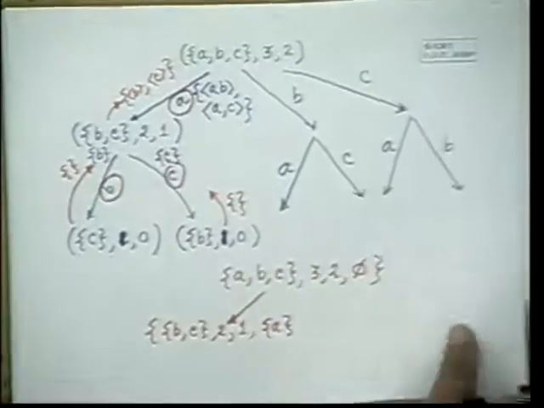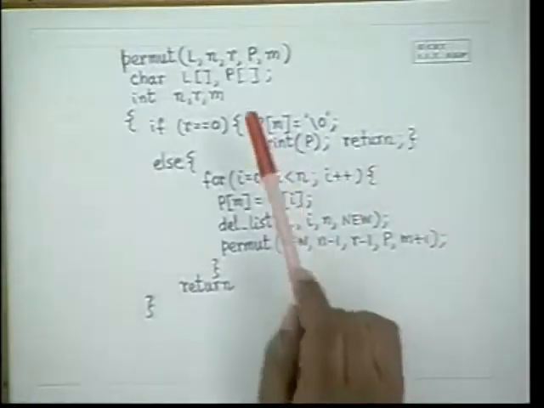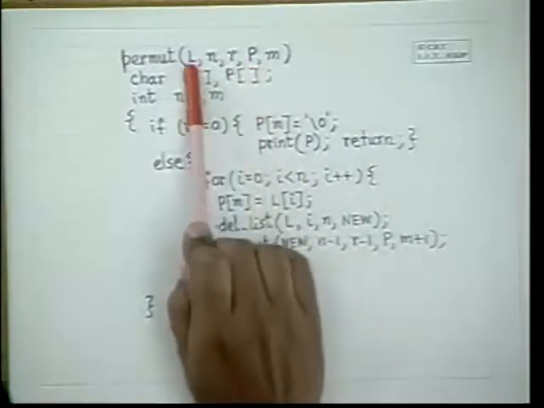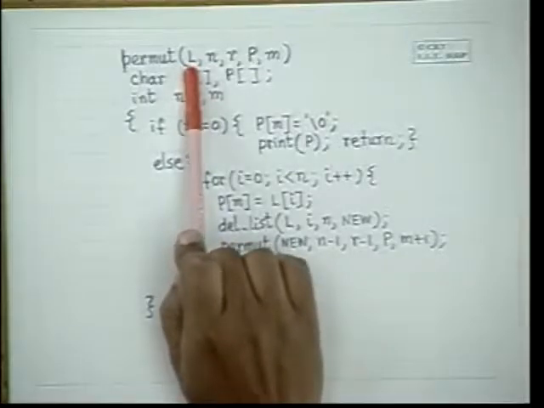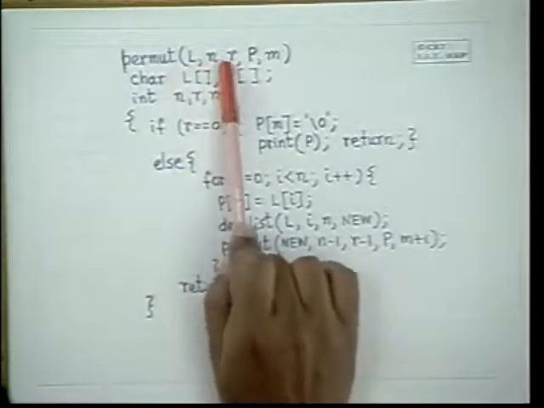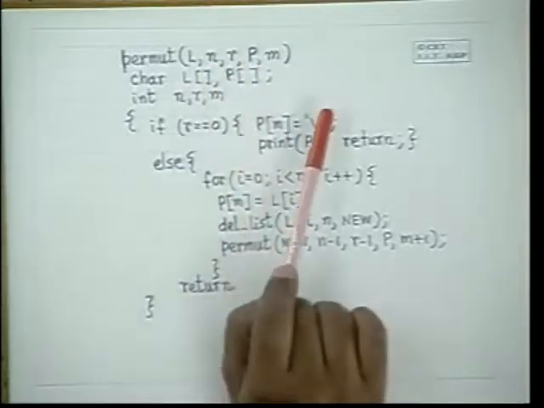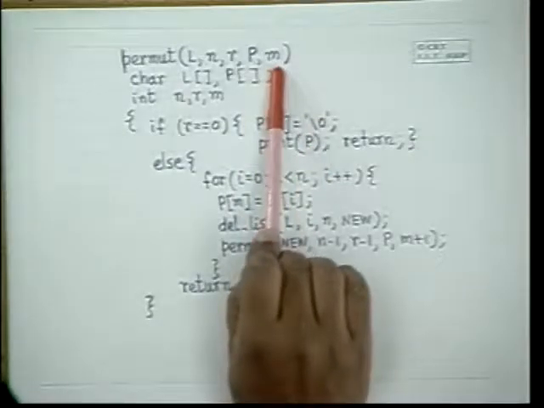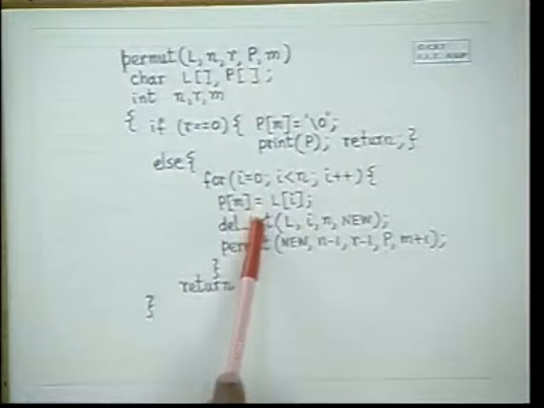Alright. So now the program will look like this. What we will do is, like we have used the character array L for the list, with N and R, we will use another character array P for passing down the strings, and M will be indicating at what point you have to insert it here.